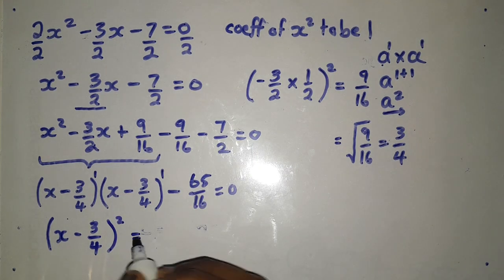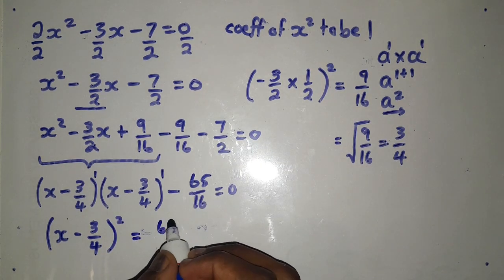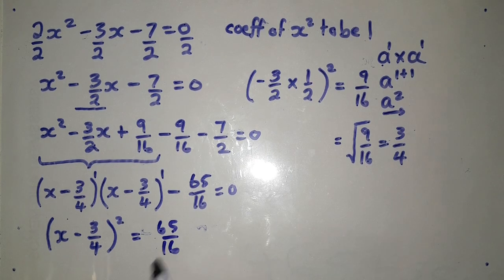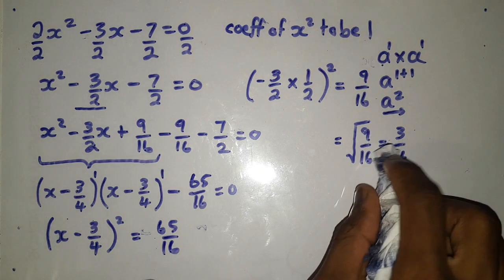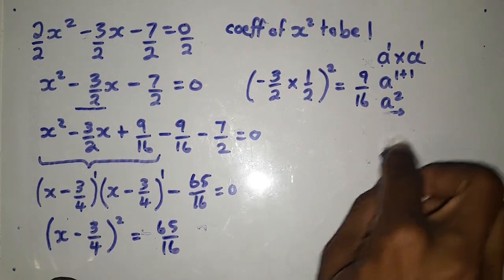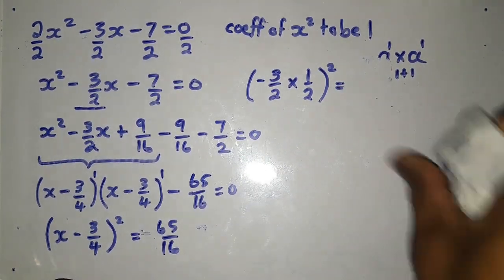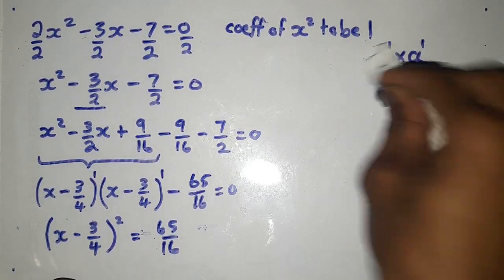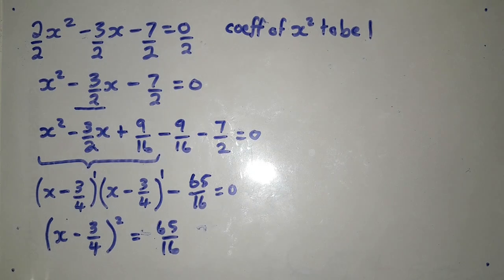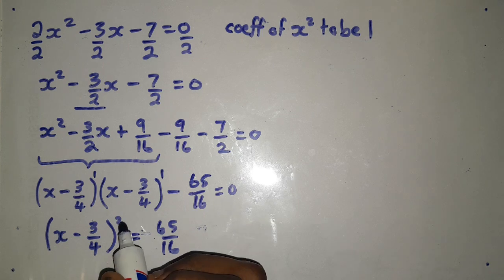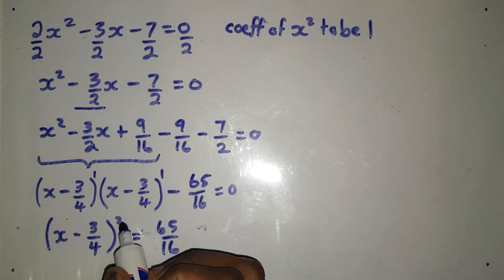Then let us take this number to the right hand side. It's going to be positive 65 over 16. Since I don't have much space, let me erase here. Like this. Then at this point, I want to remove this square.